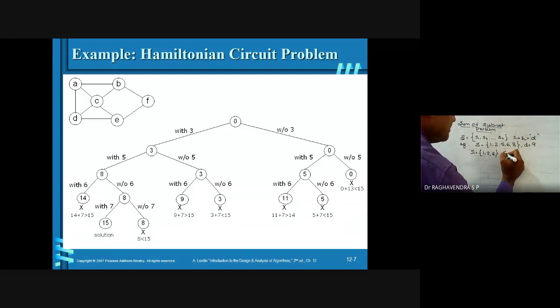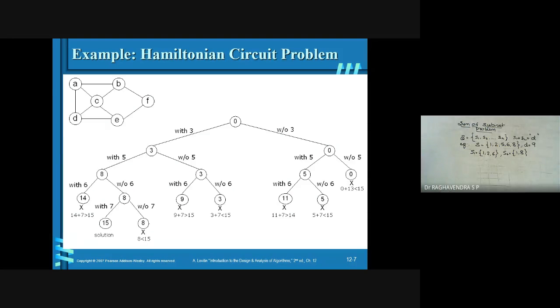Any other subsets possible? 1 comma 8 is also possible, because if you sum up 1 and 8, you are going to get 9. Any other combination? I think no, only 2 combinations. So this is how we can find the sum of subset problem.